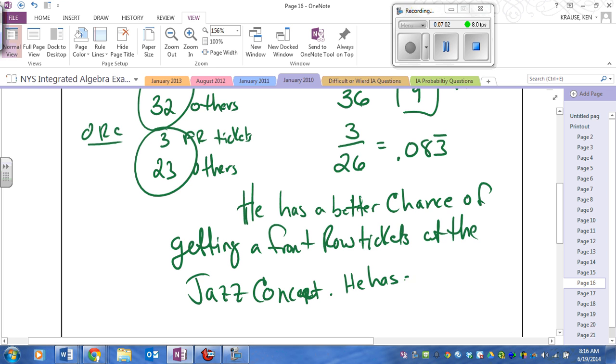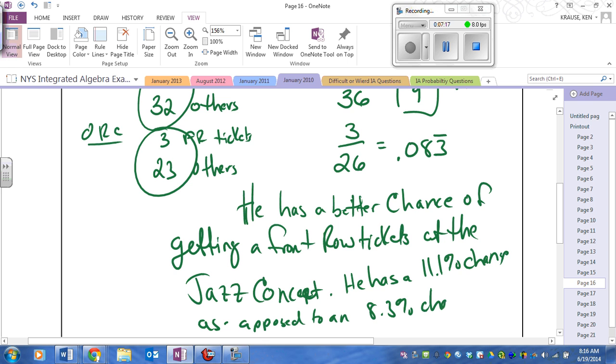He has an 11.1% chance as opposed to an 8.3% chance.